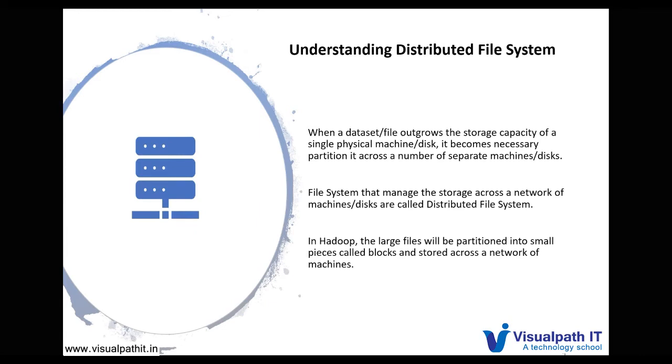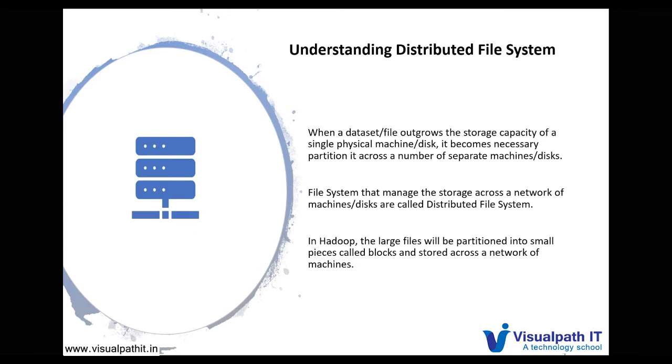So for example, you have a single machine with a 100 GB file. When you try to copy from that single machine to another machine, it takes a lot of time, because one machine has fewer resources. Similarly, a cluster means a group of computers connected in a network, also called a distributed environment.